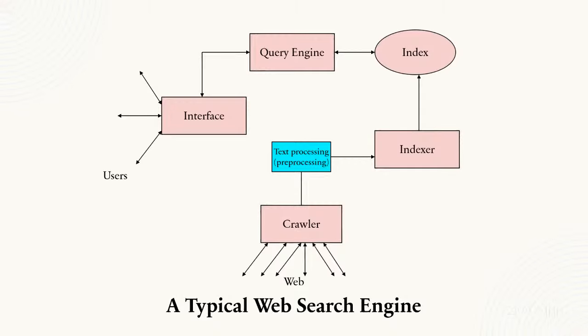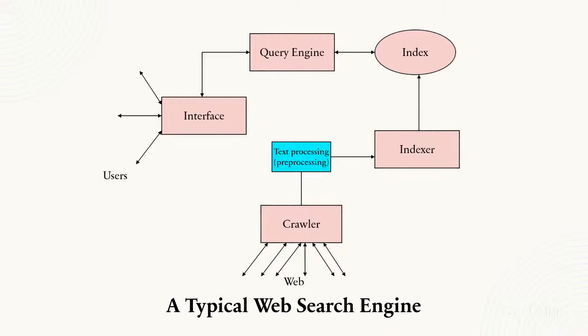Okay, so this is the overall procedure of a web search engine. Here we have the users. They interact with the query engine. We have an index. For example, if I'm searching for a book named Chola Empire, it is going to have an index and give me an index for processing it.